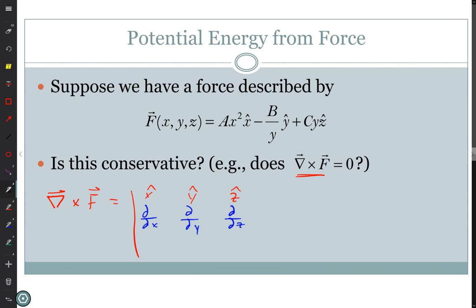So using the function up above, I'm going to ask you now, what do I have in the first column for my force function? Ax squared, because it's the x component of it. What about the y component then? Negative b over y. And the z component?